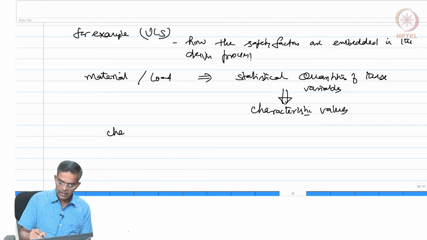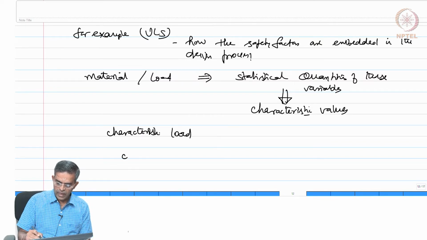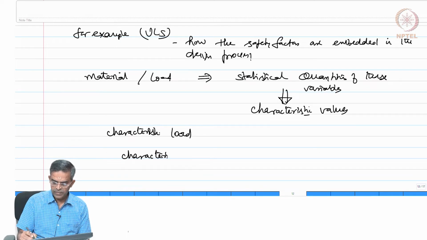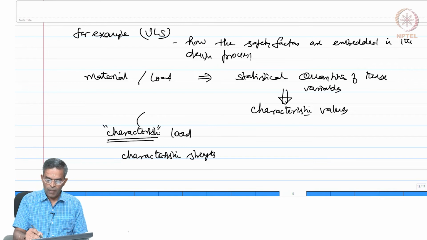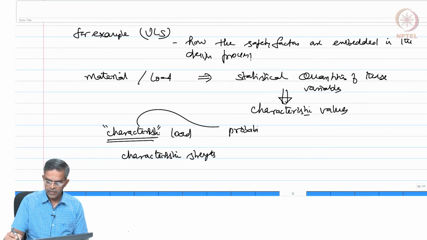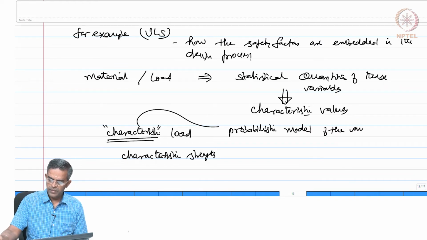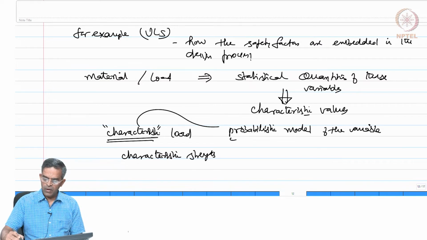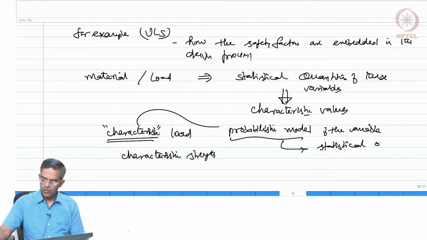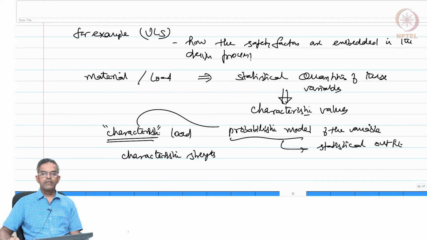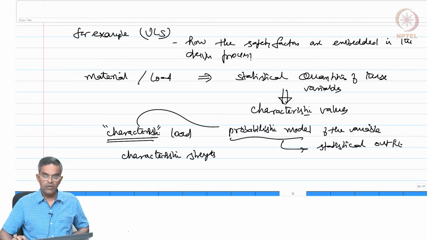In fact, characteristic load, characteristic strength. The word characteristic refers to the probabilistic model of the variable. Probabilistic model always refers to statistical outfit. Okay, we will come to that argument slightly later. What is characteristic?